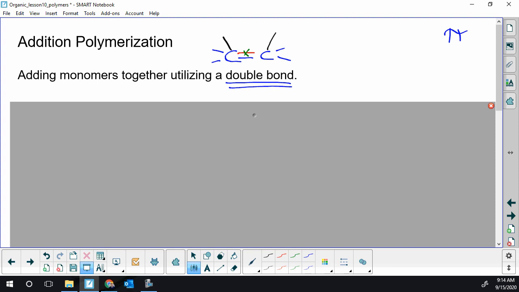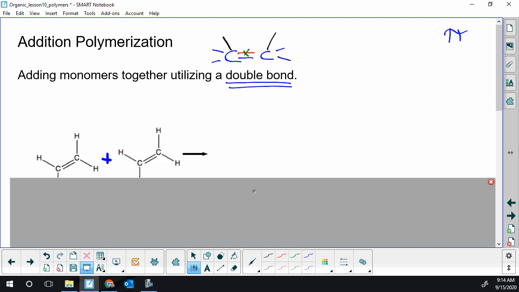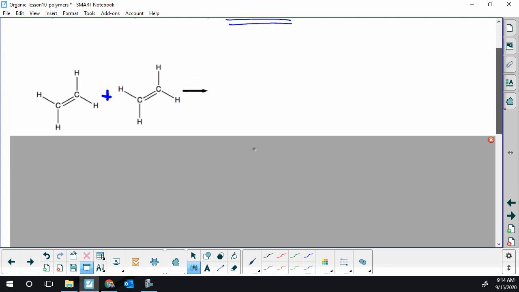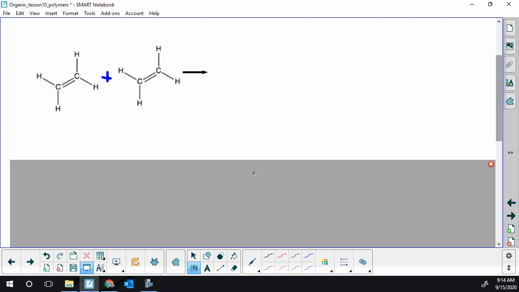And every time we connect a monomer, we connect something on one end and it frees up another end to keep growing. So we get these two bonds, which allows continuous growth. So we're going to start by looking at what happens if we put two ethines together, and then we could propagate this out 1,000,000 times.